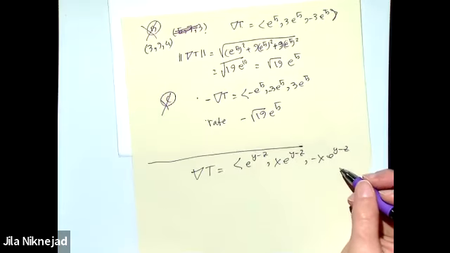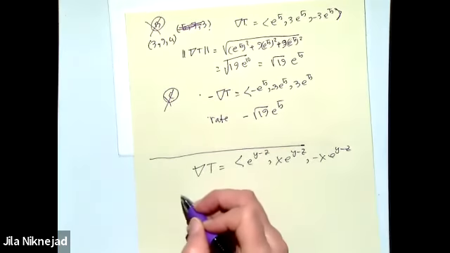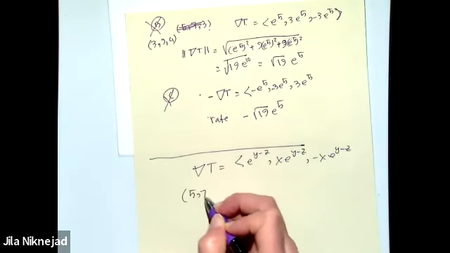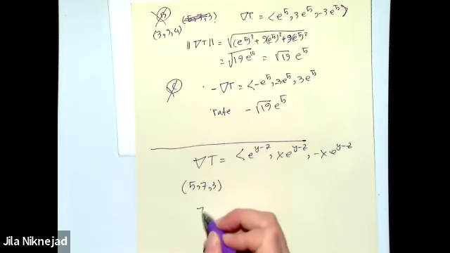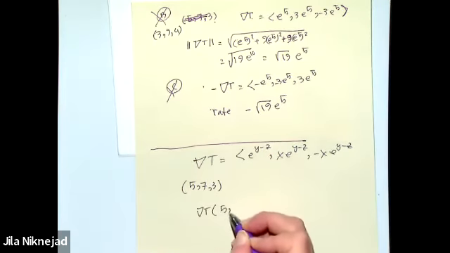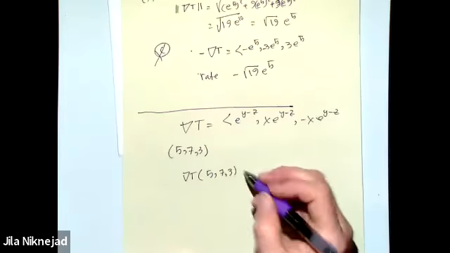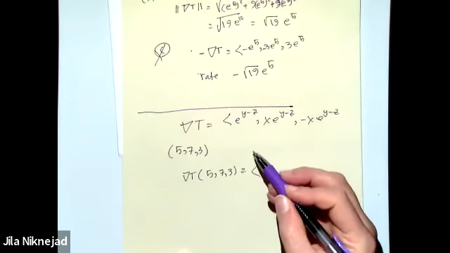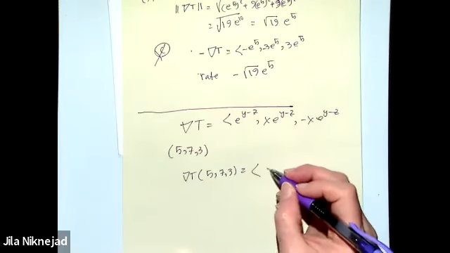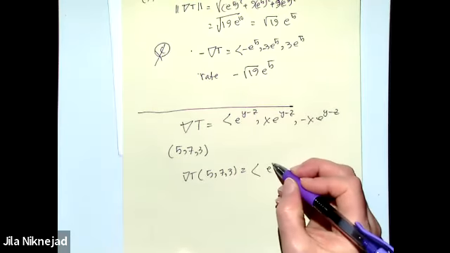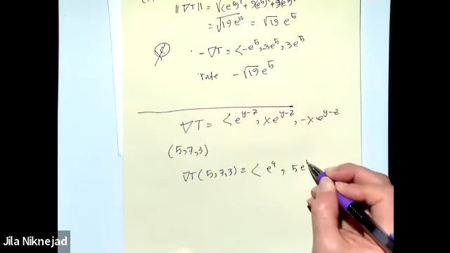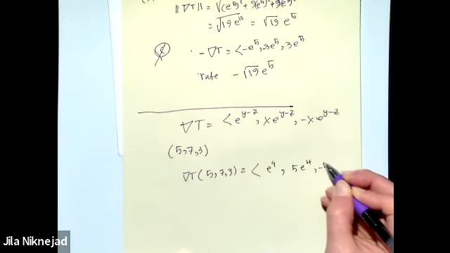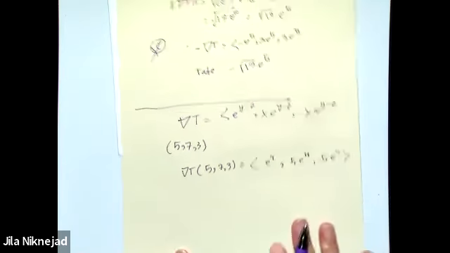And now I'm trying to compute that at 5, 7, and 3. So if I plug in, the gradient of T at 5, 7, 3 is going to be e to the power 7 minus 3, which is 4: e to the power 4, 5 e to the power 4, negative 5 e to the power 4.